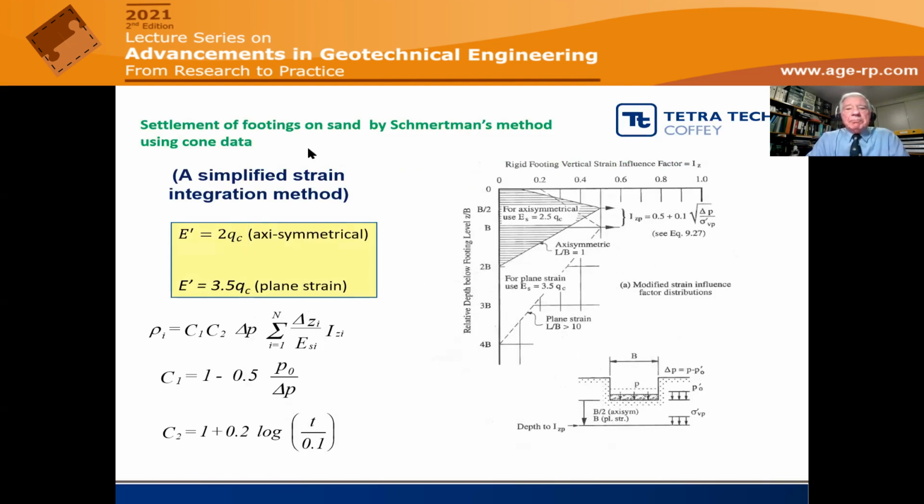I just mentioned here Schmertmann's method because I think it is a fairly widely used method, particularly when you've got cone resistance data. Schmertmann uses, in effect, a simplified strain integration method with simplified distributions of strain, that's the influence factor versus relative depth, and he integrates the strains using a modulus of either twice the cone resistance at any depth if you've got circular footings, or 3.5 times the cone resistance if you've got strip footings.